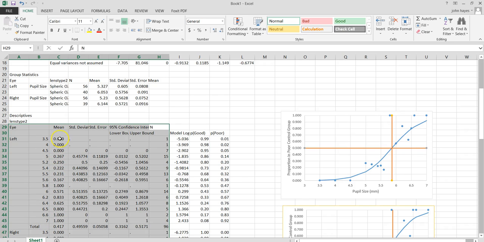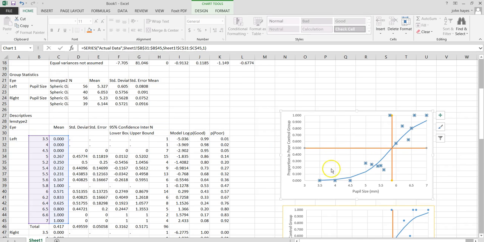The proportions, the means of zeros and ones, come out in a nice format so that we can actually graph these by just marking these two columns and inserting a scatter type graph, and we get these nice points that come along here. This is pupil size on the x-axis and proportion that were poor controls on the y.